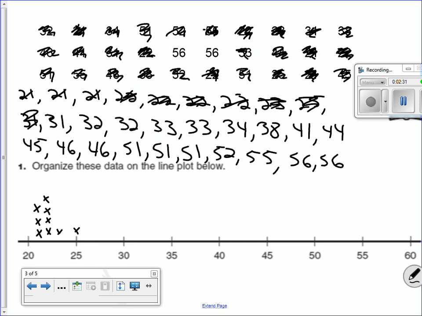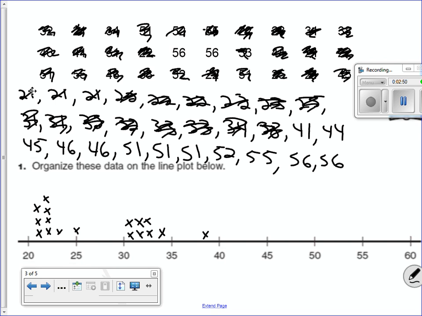I have two 31s, so it's right after the 30 here. I have two 32s, two 33s, 1 34, a 38.